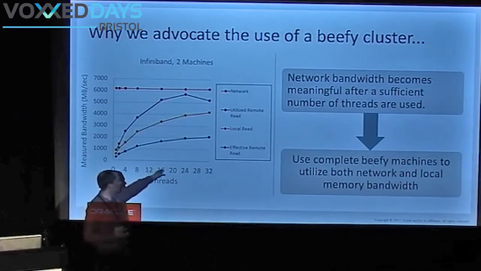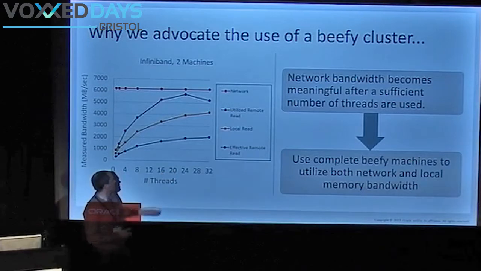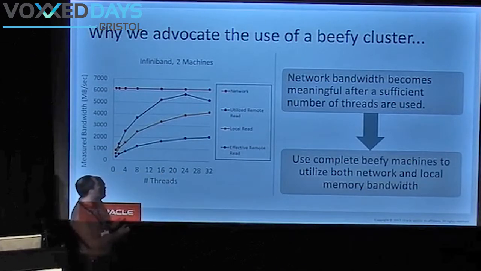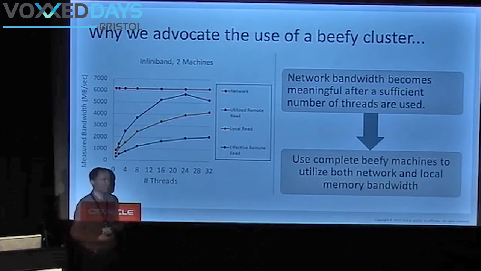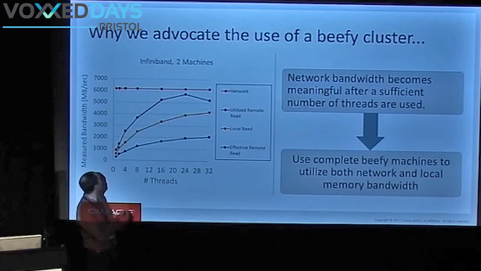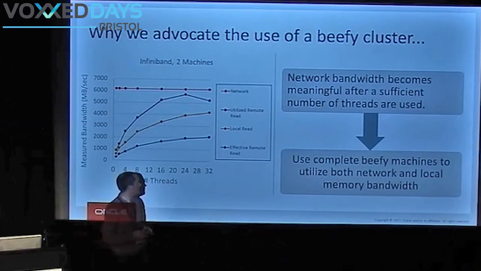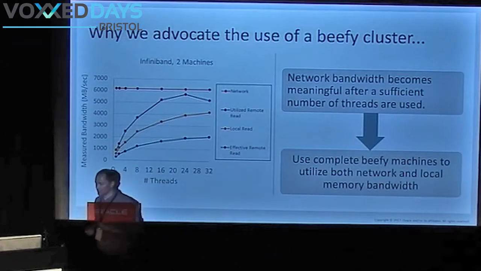In this case, we're just looking at those 2-socket Sandy Bridge systems and the InfiniBand interconnect we were using. And it turned out that the sweet spot was something around using 24 threads per machine in order to saturate the 56 gigabits per second bandwidth we had available. So some of these results were unexpected to us.